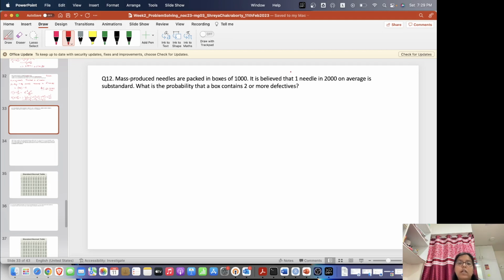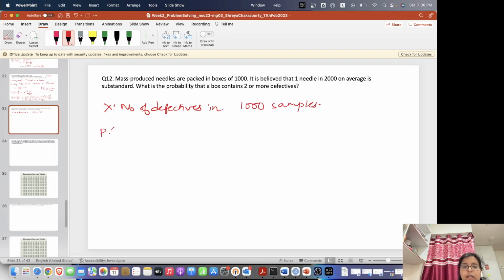So here mass produced needles are packed in boxes of 1000. It is believed that one needle in 2000 on average is substandard. So let us define X, our random variable, as the number of defectives in 1000 samples.